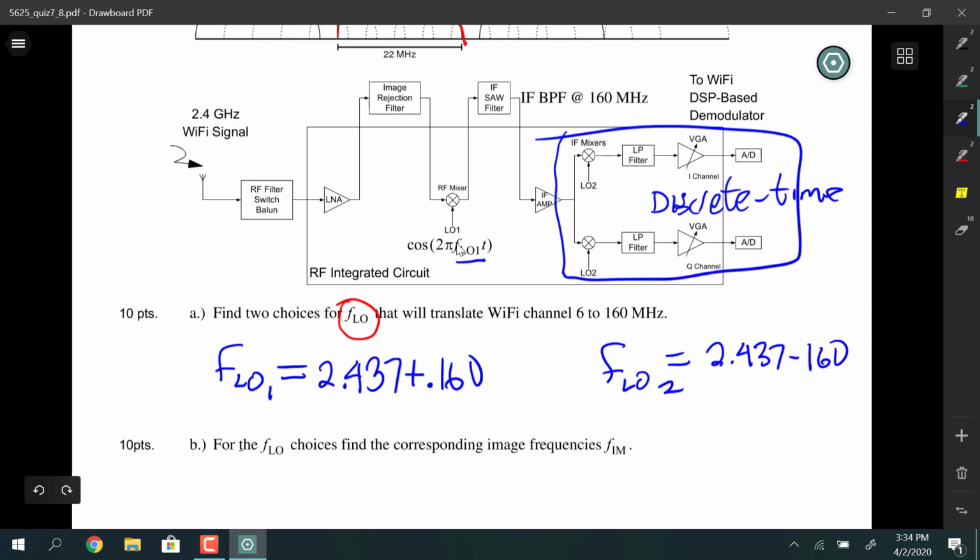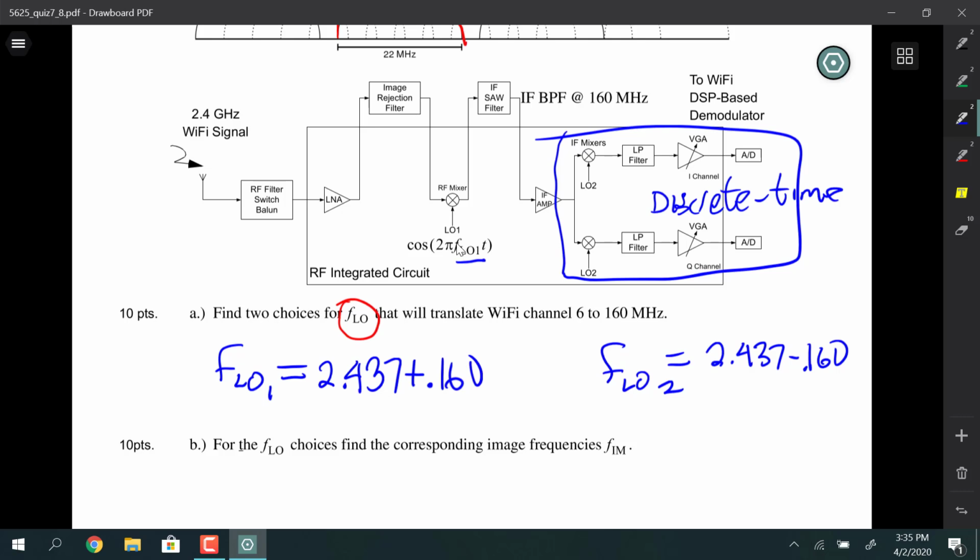I think what you said, Colton... No, because it's 0.16, it's gigahertz, right? We want to have the units the same, so those are the two options right there.